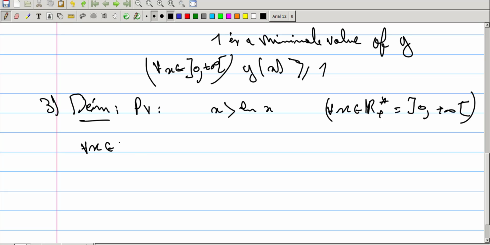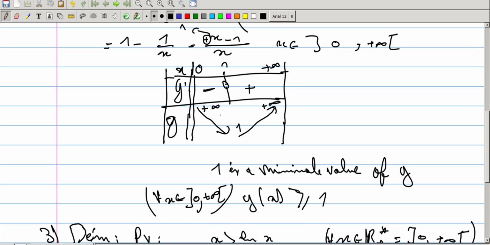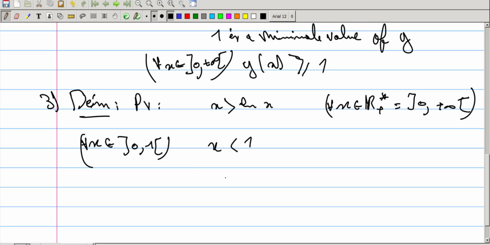So x in 0 1 will have x less than 1. So what is the monotony of g? It is going down, so we can just compose with g and change the sign.